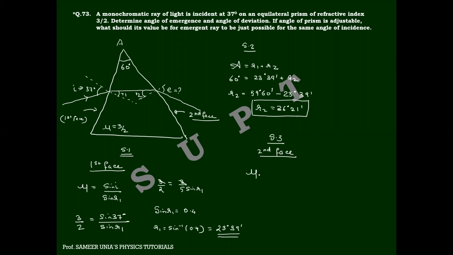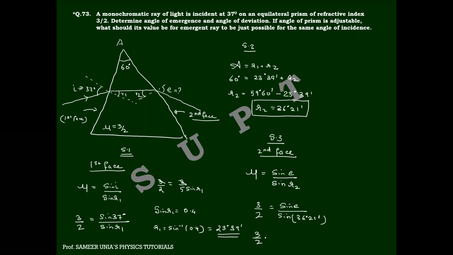What is the formula? Mu is sine of angle E upon sine of R2. Always remember it will be from rarer to denser, because mu is written for rarer to denser over here. Otherwise mu will become inverted. So mu will become 3/2 = sine E / sine R2, and R2 we got as 36 degree 21 minutes.